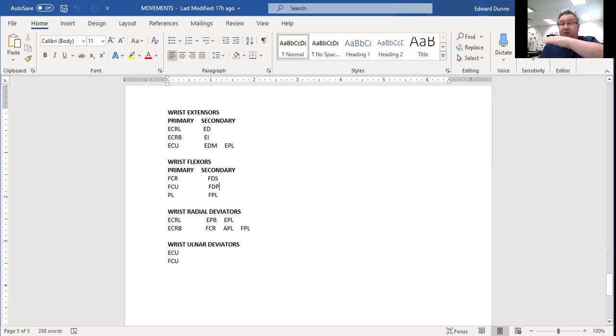So wrist extension, where the wrist is brought up like this. So you'll notice on the left-hand side, I have primary muscles, and on the secondary, I have other muscles.